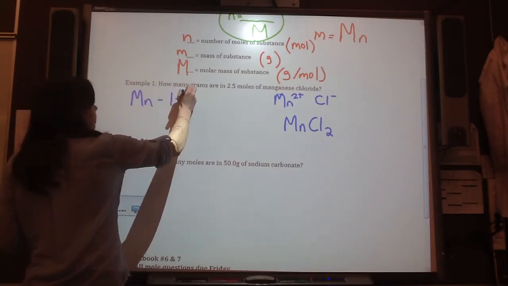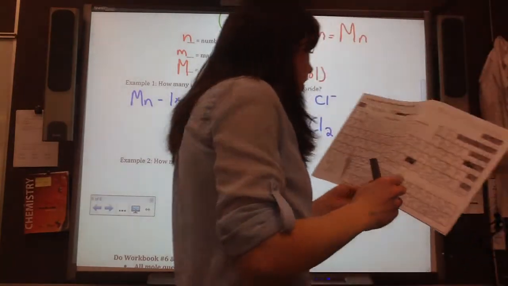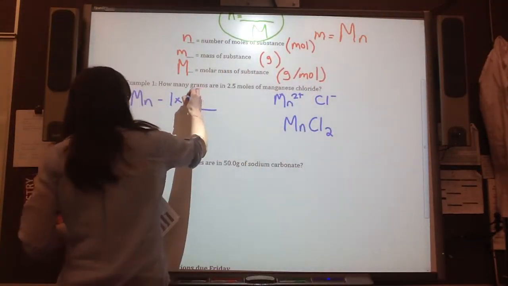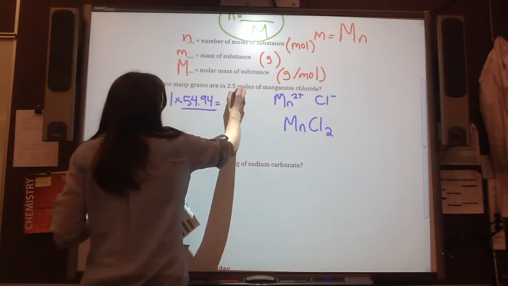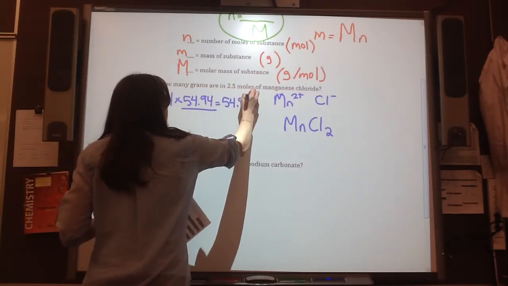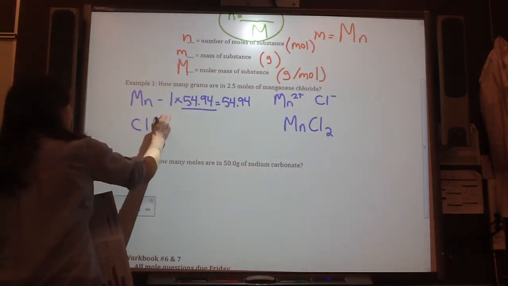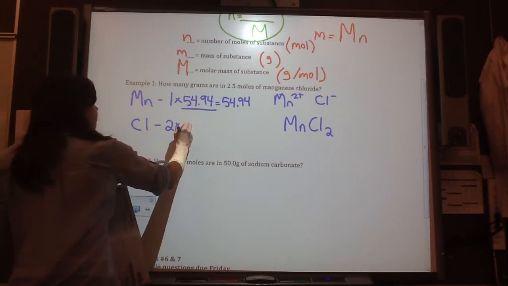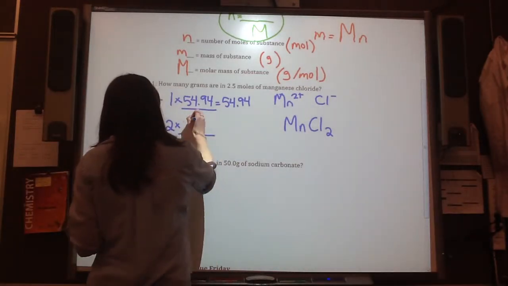We have 1, and its molar mass is 54.94. So obviously times 1 is 54.94. And then we have 2 chlorines, and each chlorine is 35.45.